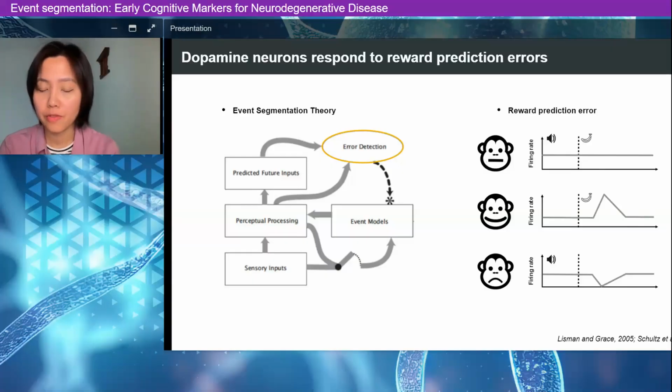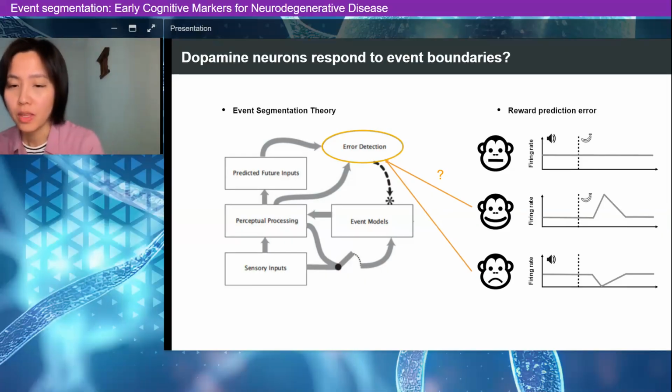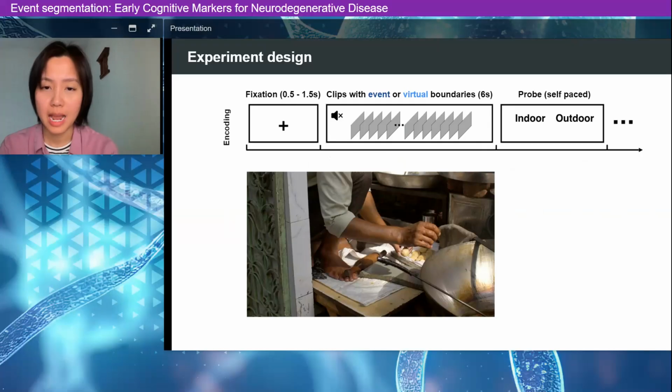So building upon these findings, the links between prediction error detection and dopaminergic neuron responses in monkeys, we wondered whether dopamine neurons also respond to event boundaries as a different type of prediction error. To address this question, we developed a memory task consisting of two different phases.